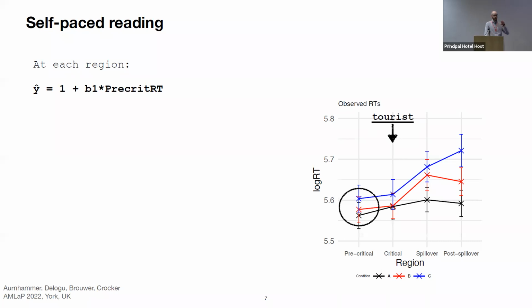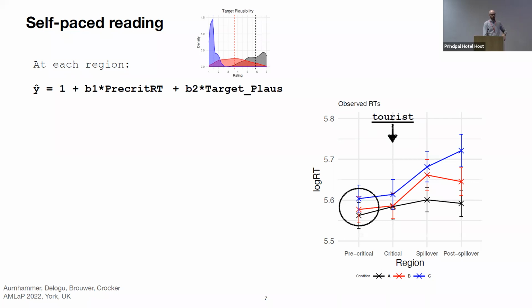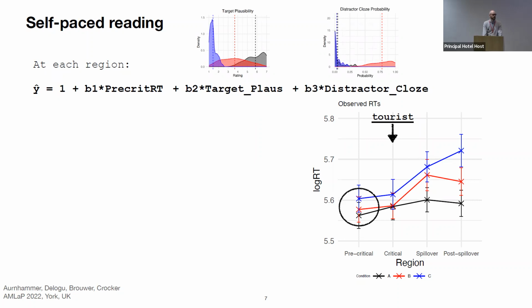And then we take the observed reading times on the pre-critical region as a predictor for the reading times on all the other regions. And what this does is that once we enter our actual predictors, the target word plausibility ratings and the distractor cloze probabilities, we sort of account for any pre-critical reading time offsets that may already be in there, right?